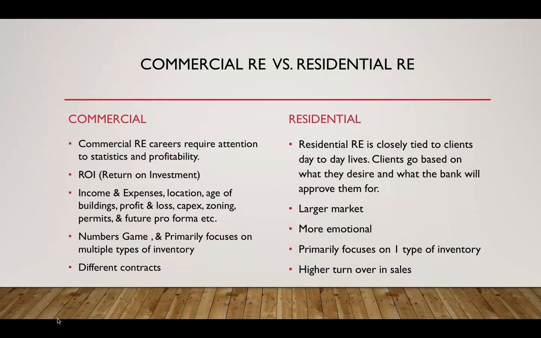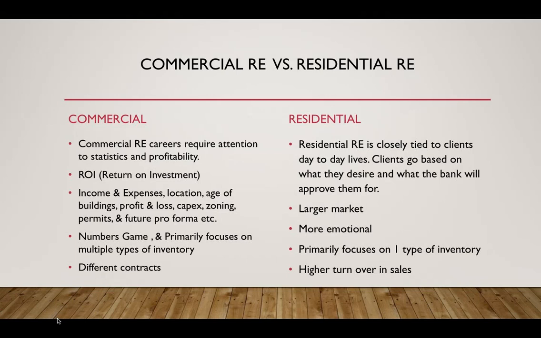So, commercial versus residential. Can anybody tell me what they think commercial versus residential would be? Disclosures, one of them. Okay. Well, here we're going to look at commercial and residential. And on the commercial side, there's so much more, but these are just some.